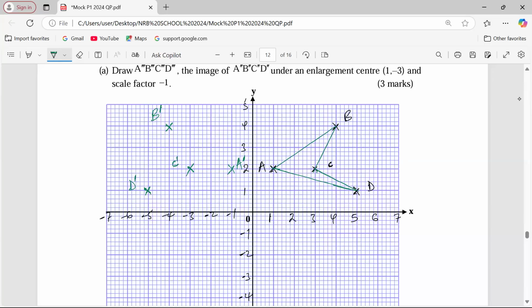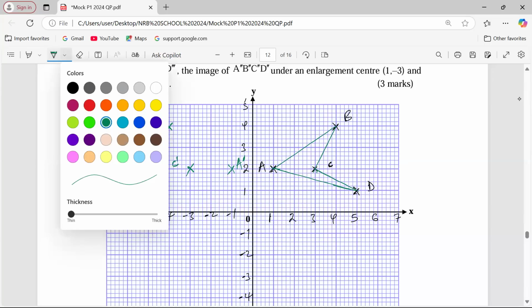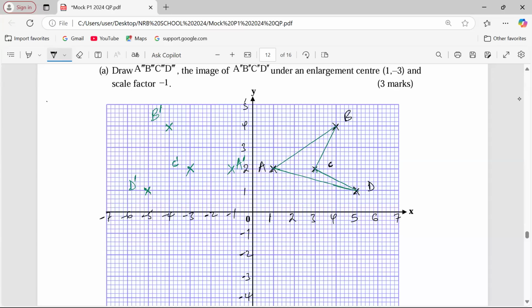C is prime. So now we can join, again using the order A to B first, then from B to C, then from C to D, then from D back to A, with very straight lines.